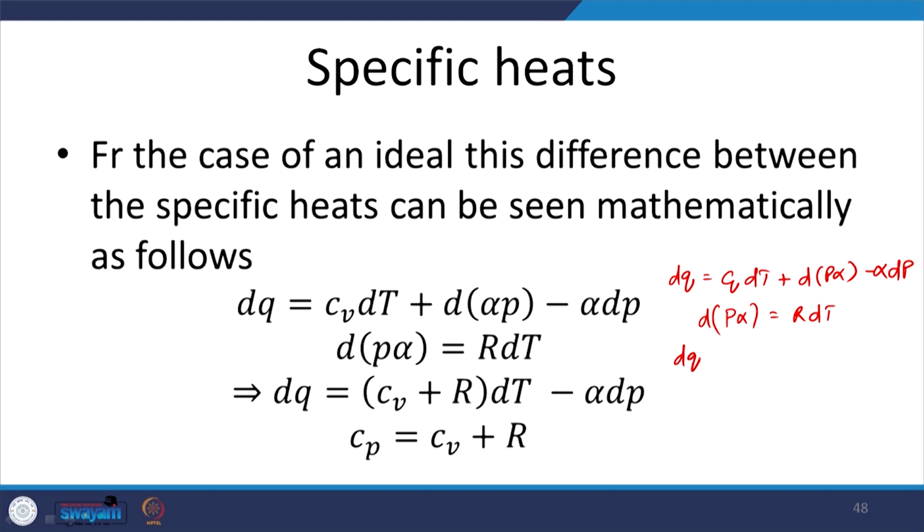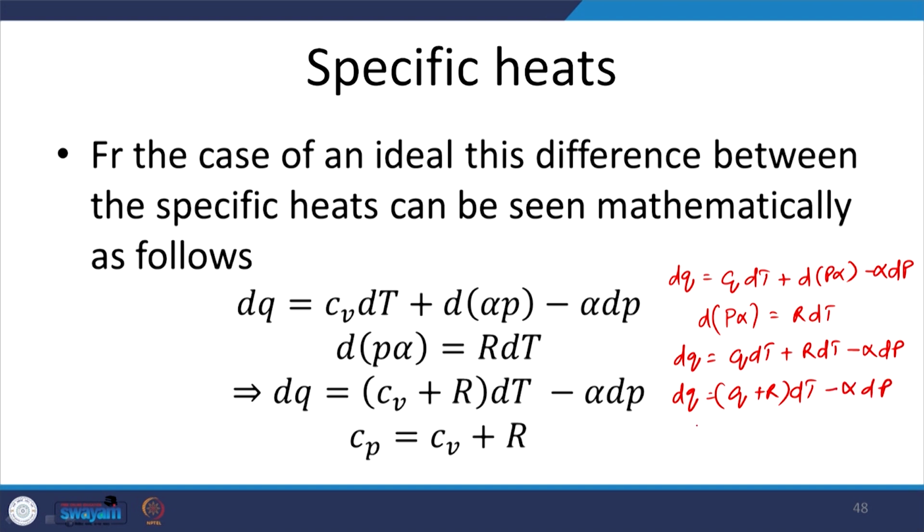So, dq is Cv dt plus R dt minus alpha dp. As a result I can write dq is (Cv plus R) times dt minus alpha dp, right.